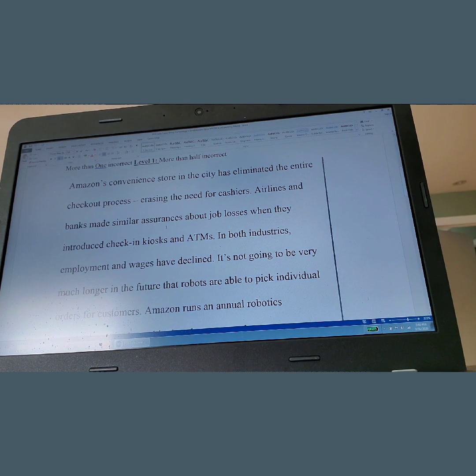All right. So now, change this. It says Amazon's convenience store in the city has eliminated the entire checkout process, erasing the need for cashiers. So has eliminated is our first verb phrase.